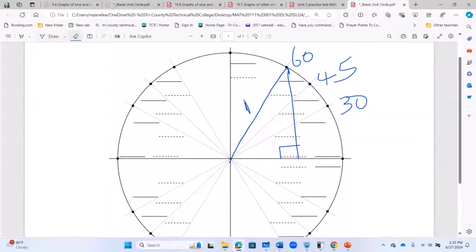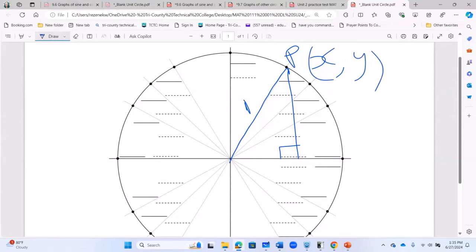But suppose I don't want to use 60, let me not use 60. I just don't want to use any angle. So imagine that I may not know this point. So let's call this point P. So call this XY. So this is X, this is Y. Okay, so we want to find this angle. Let's call this angle theta, like we don't know what it is. So let's call it theta.